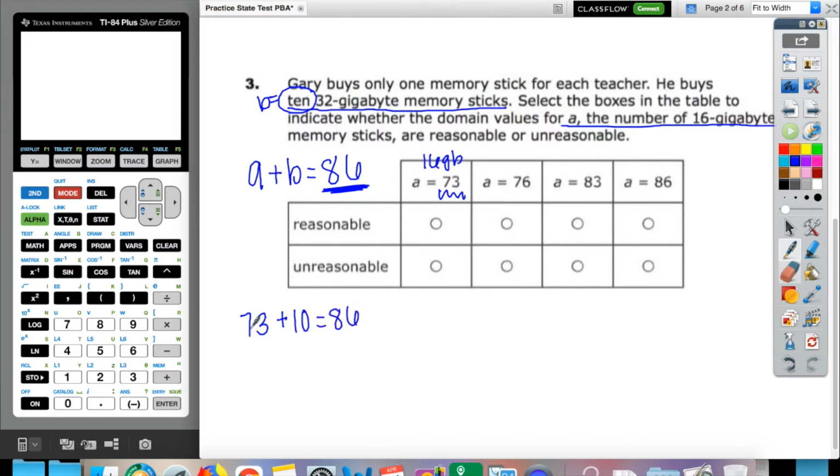And is it possible for him to buy that many and still not go over the number of teachers he has? So 73 plus 10 is 83. So he didn't reach every teacher, but he didn't go over his max. So this is a reasonable amount.